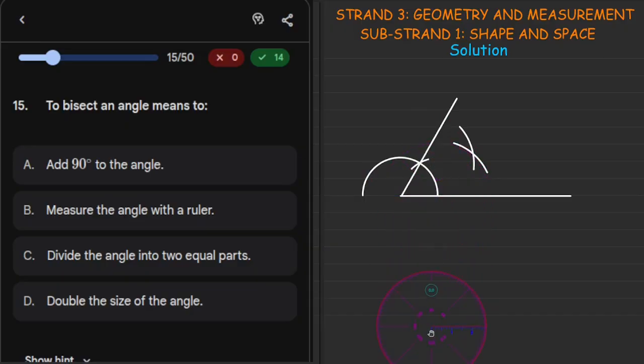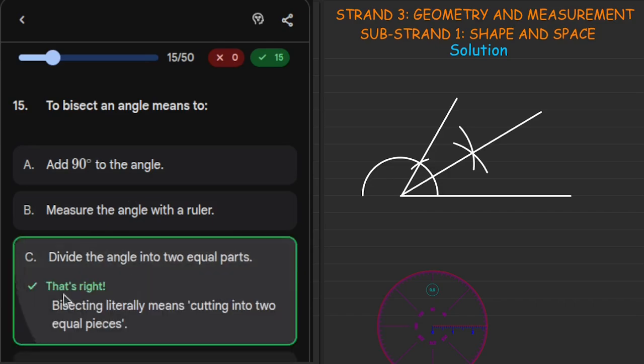Then I pick my ruler and draw a straight line from the point of intersection through this. You realize the angle formed here would be the same as the angle formed here. Since it is 60, they are both going to be 30 each. So to bisect an angle means to divide the angle into two equal parts.